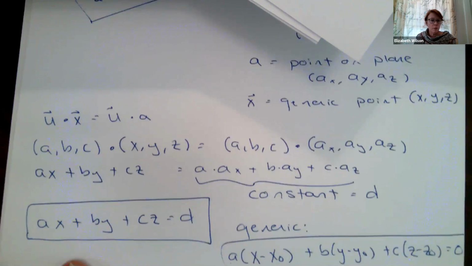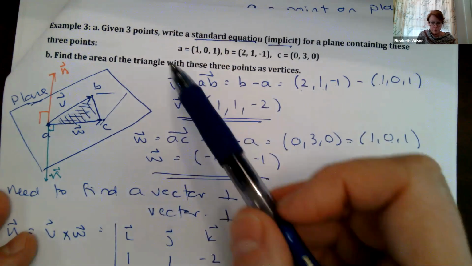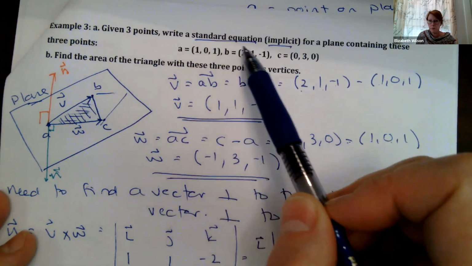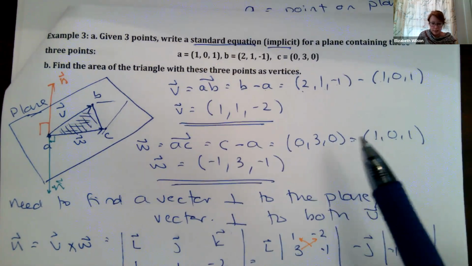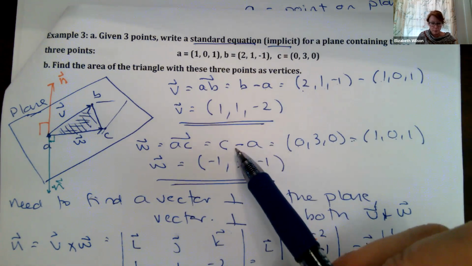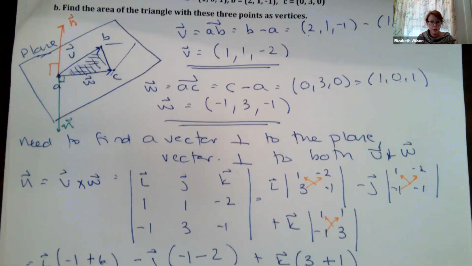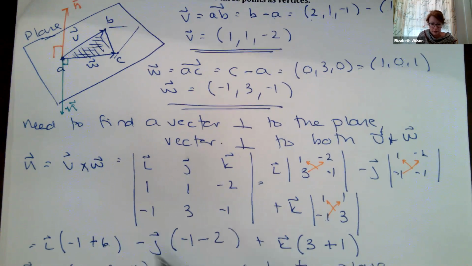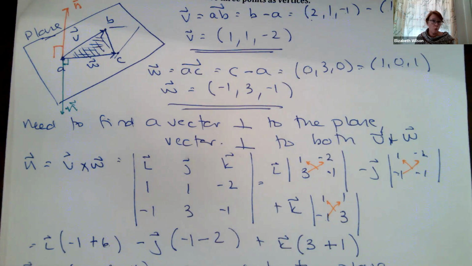So now, when we did our last example for 1.5, we did 3 points. We want to write a standard equation, which is implicit, for a plane containing these 3 points. So I needed two vectors, my displacement vectors using these 3 points. To create the implicit equation, I take the cross product of those two vectors. That cross product is going to give me a vector that's normal, orthogonal, perpendicular to that plane.